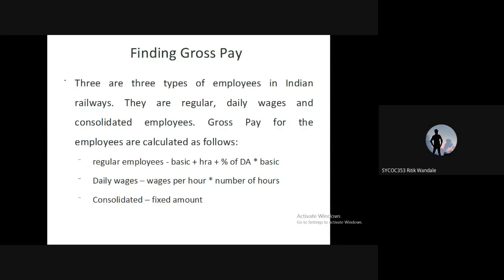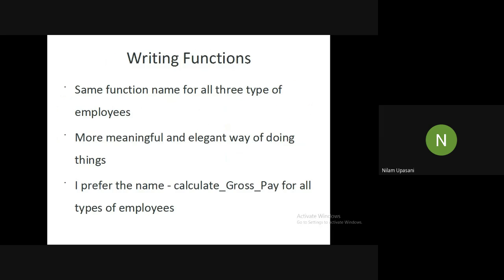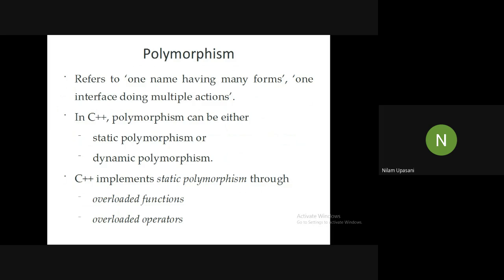Yes, ma'am. Okay. So now coming back to this discussion, we'll give the same name to all the functions, calculate gross pay. That is, one name having multiple forms. In C++, we can have either static polymorphism or dynamic polymorphism. Static is also called compile time polymorphism, and dynamic is runtime polymorphism.